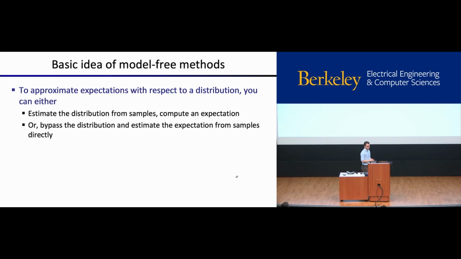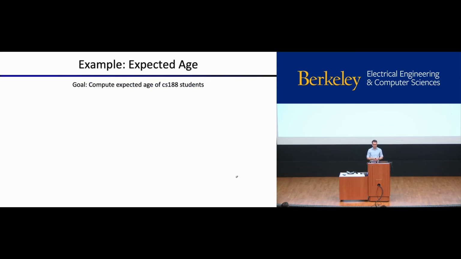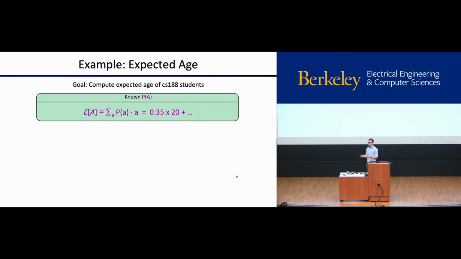So we can skip all of this other stuff on the slide and just think about an example. Imagine that I'm trying to estimate the expected age of CS188 students. And let's suppose, for the sake of argument, that I have a model of the age distribution for students, right? I know P of A, where A is the age.